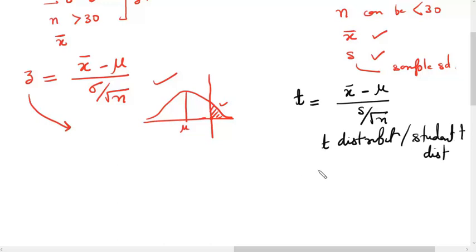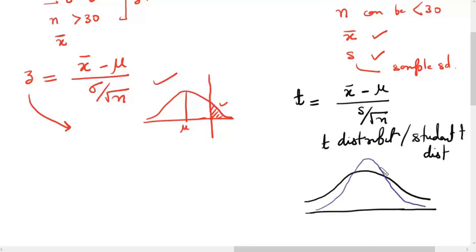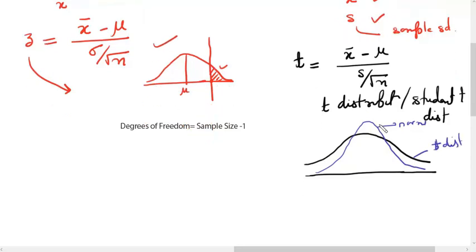It follows a t-distribution which is very similar to a normal distribution, but it is wider at the edges. So if this is how a normal distribution looks, the black one will represent a t-distribution. Now a t-distribution depends upon a parameter called degrees of freedom.